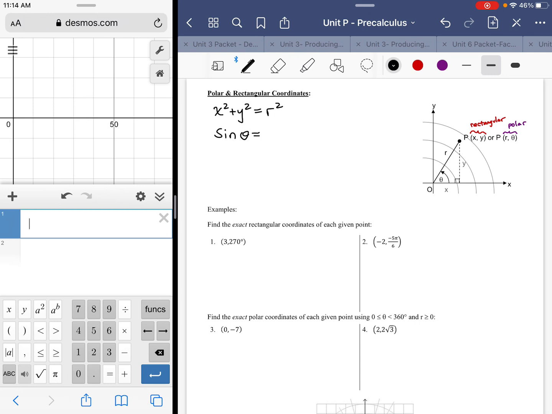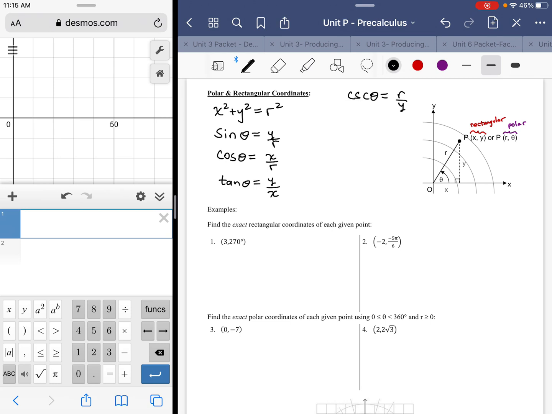All right. We could also say that the sine of theta is equal to y over r, cosine of theta, x over r, tangent of theta, y over x. All right. Reciprocal functions also apply. All right.